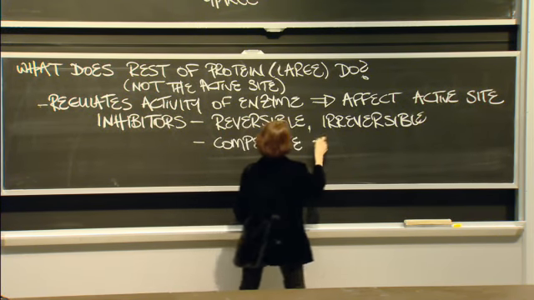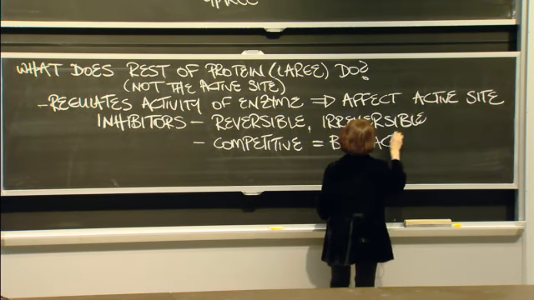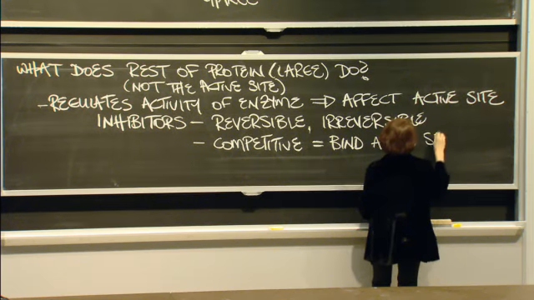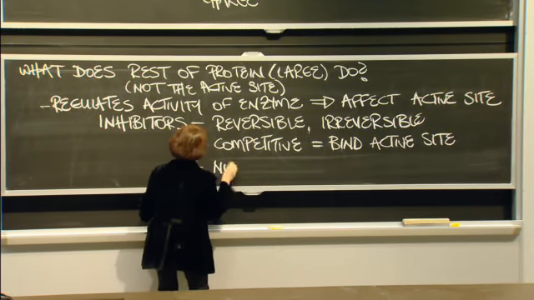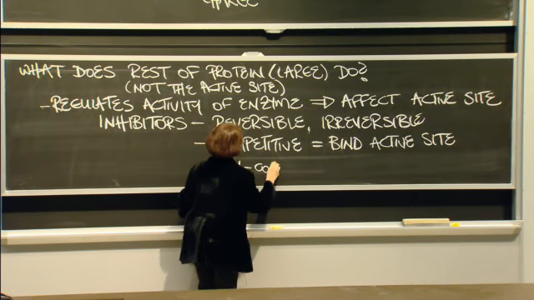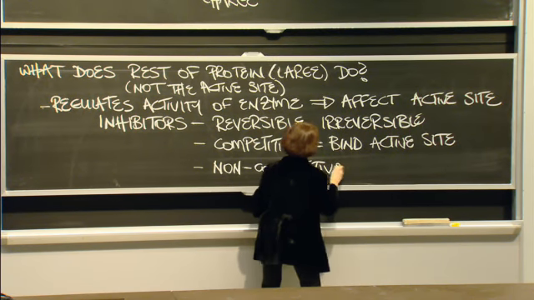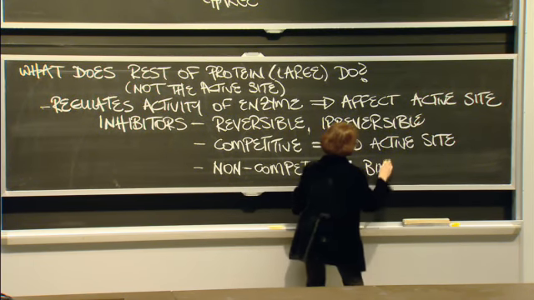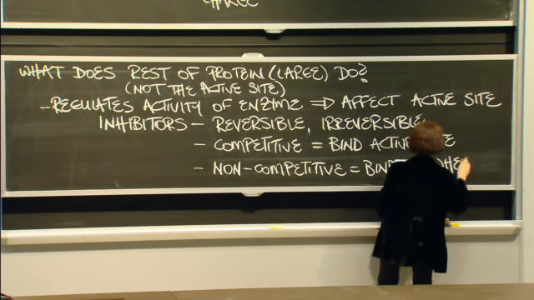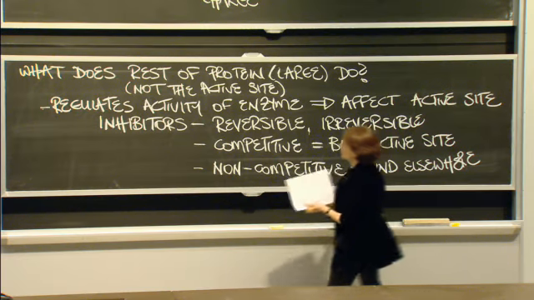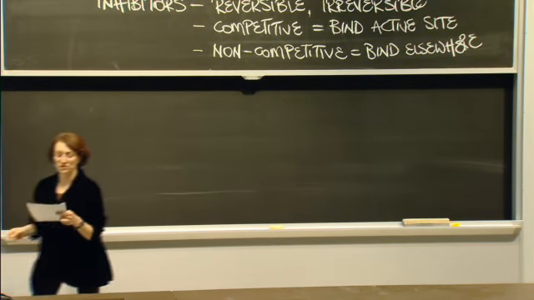If they are competitive, they actually will bind to the active site as opposed to the rest of the protein. But if they are of a class that is non-competitive, they will bind to the protein elsewhere. I'll show you a slide in a minute, but let's finish doing some board work here before I do that.